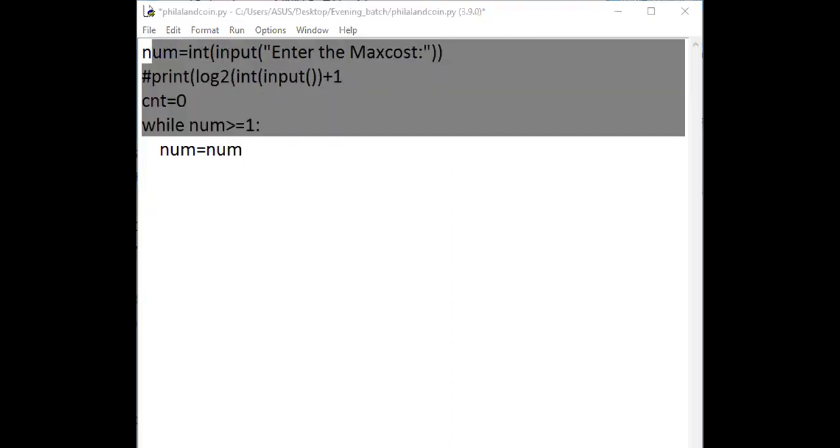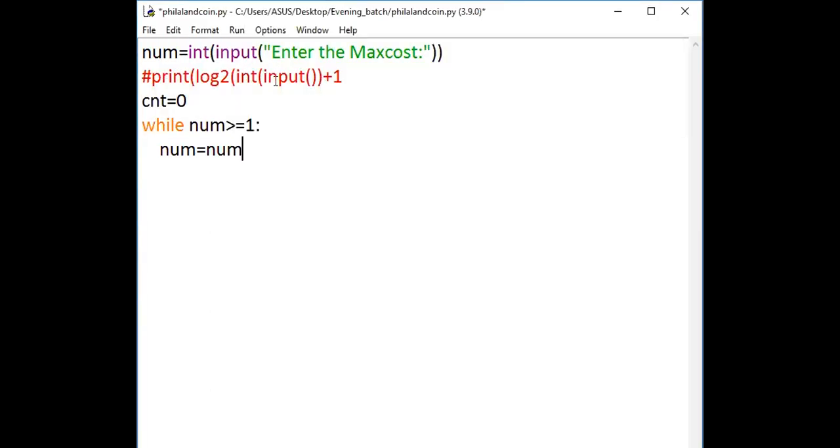Okay, fine. So this logic is the one I'm writing here: accepting a number and dividing it consecutively by 2, and you can have a counter. How long the number is divisible, that is the maximum number of coins.